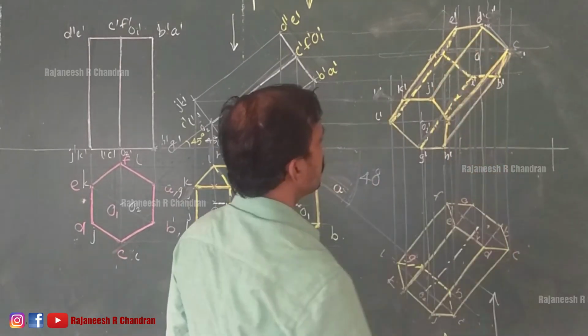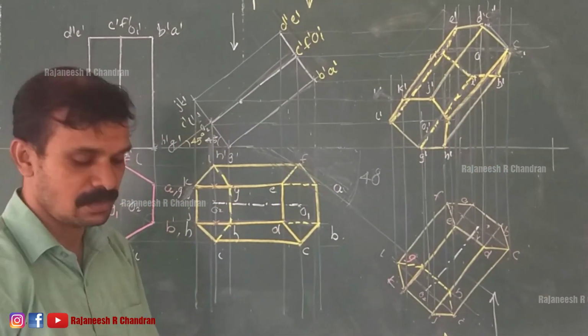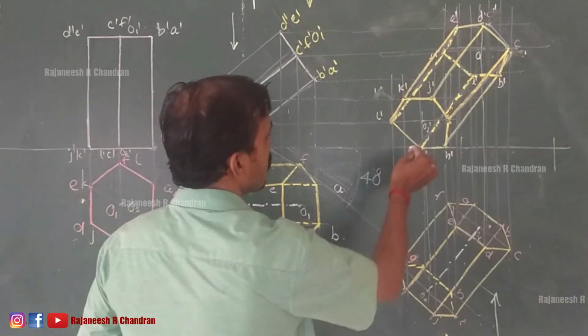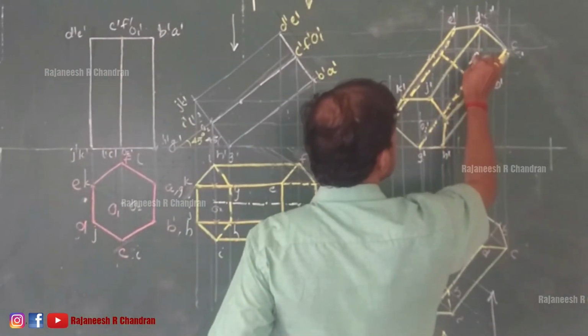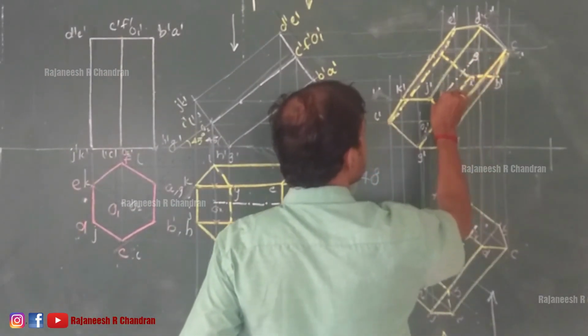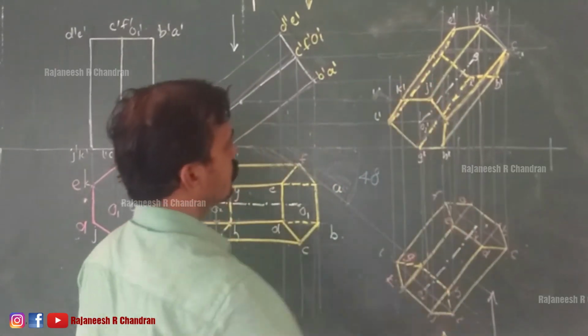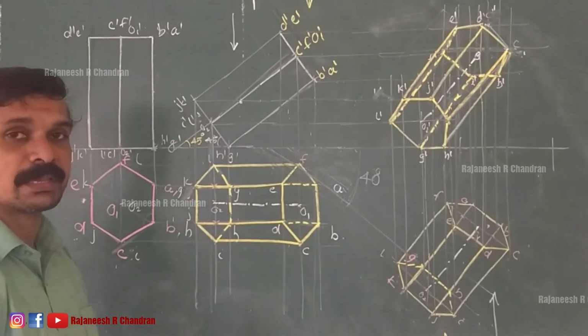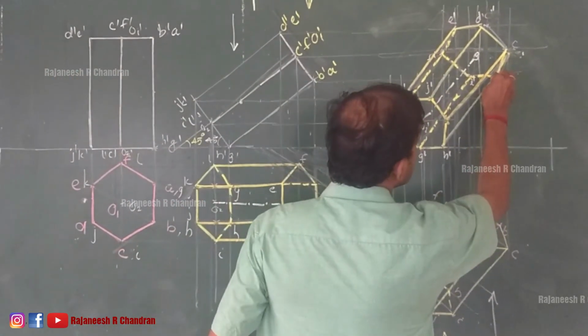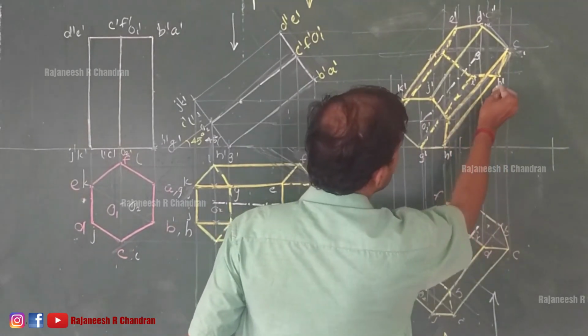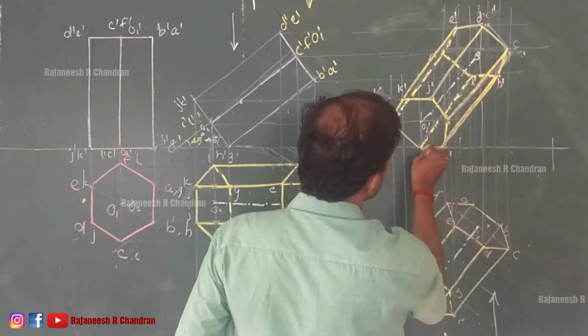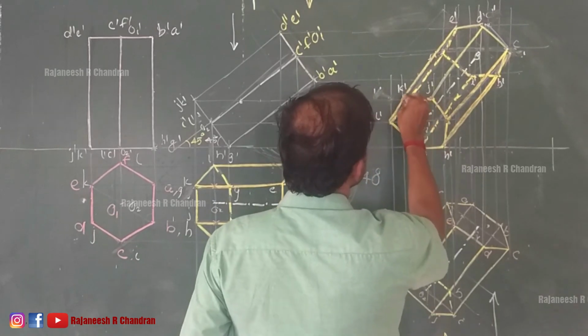So in that manner, DJ also became visible. So this is visible, and this is actually the axis. That became visible. This is visible. This is visible.